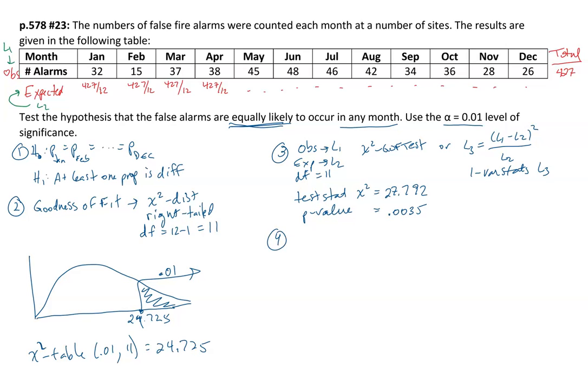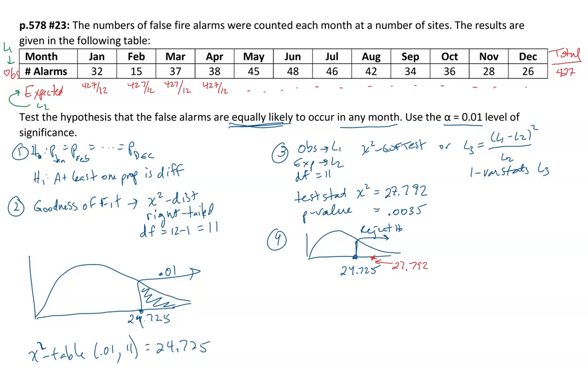So yep, if we do our comparison, drawing our quick picture for the reject H0 region, can be quick. Try to make it fairly accurate if you can. I'm being a little scribbly here, as you can see, so try not to get any worse than that. And yep, our test statistic, 27.792, is far out there to the right.